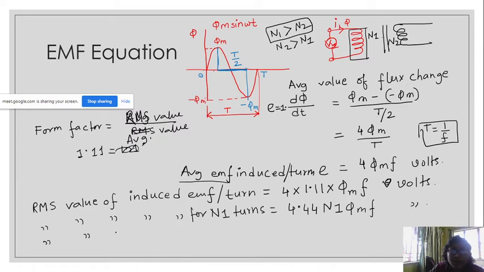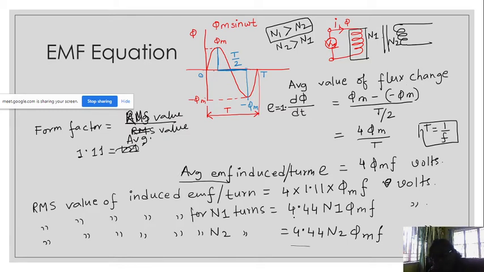The RMS value of induced EMF for N2 turns will be 4.44 N2 phi m f volts. So these are basically the EMF equations for the primary and secondary of a transformer, where I am taking N1 turns in the primary.